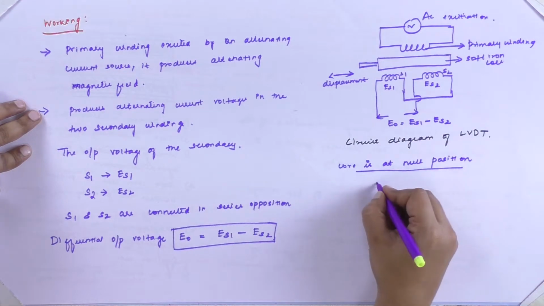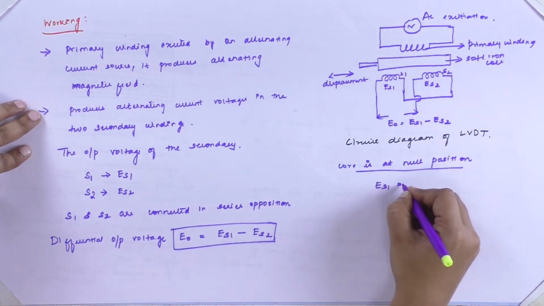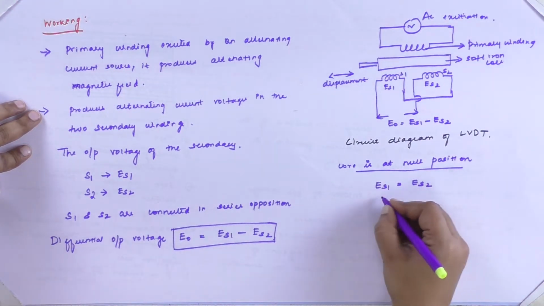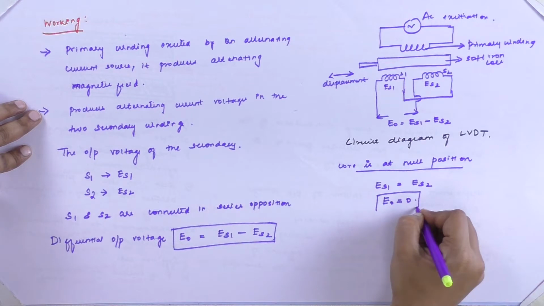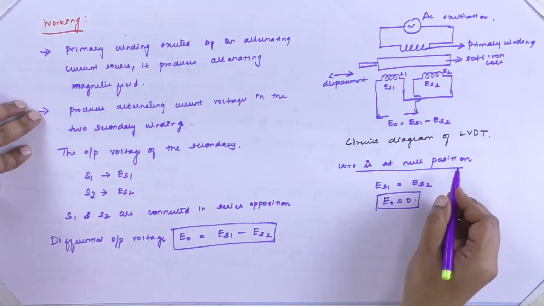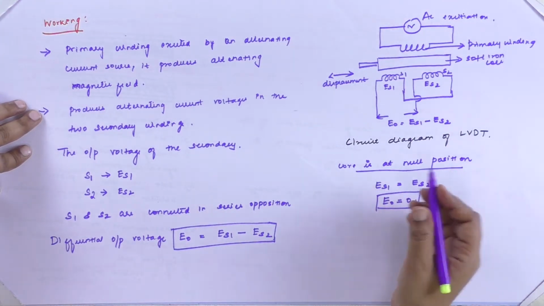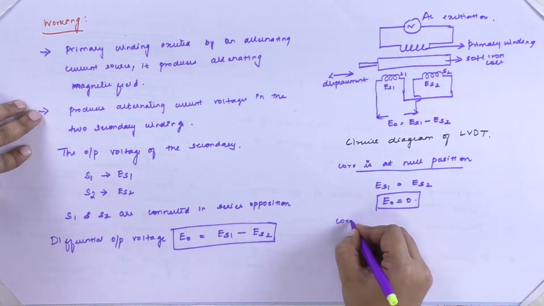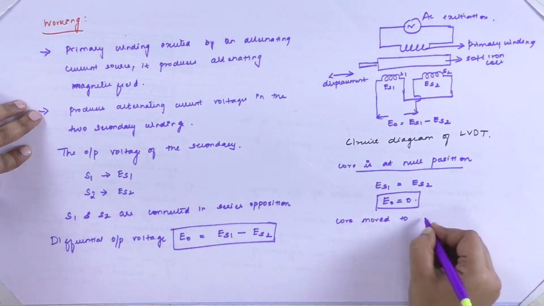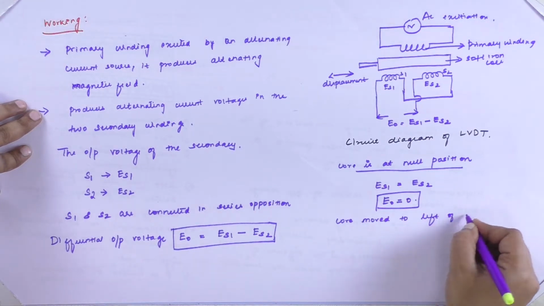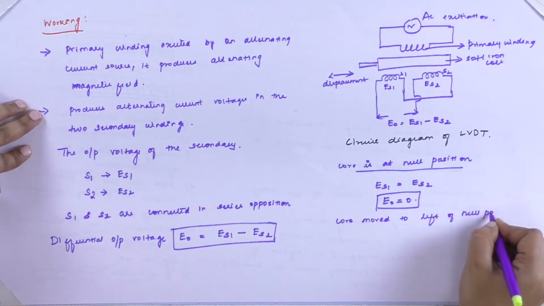So the voltage induced across these secondaries S1 and S2 also will be equal, that is, ES1 will be equal to ES2. So the output voltage E0 will be equal to 0 when the core is at the null position. Now if we move the core to the left of the null position.